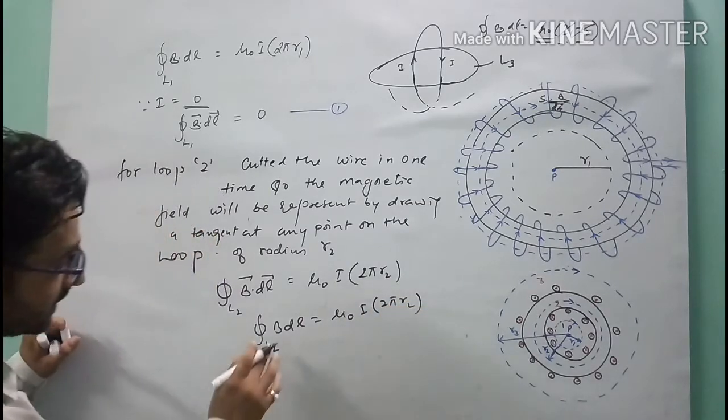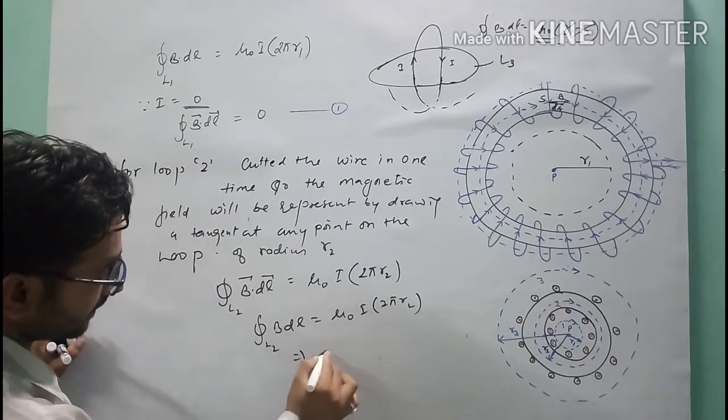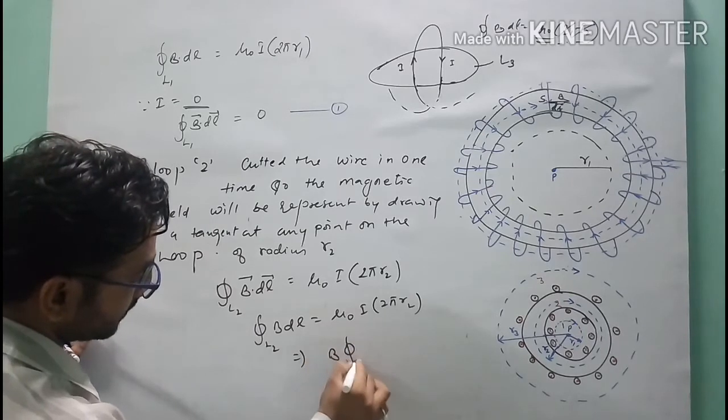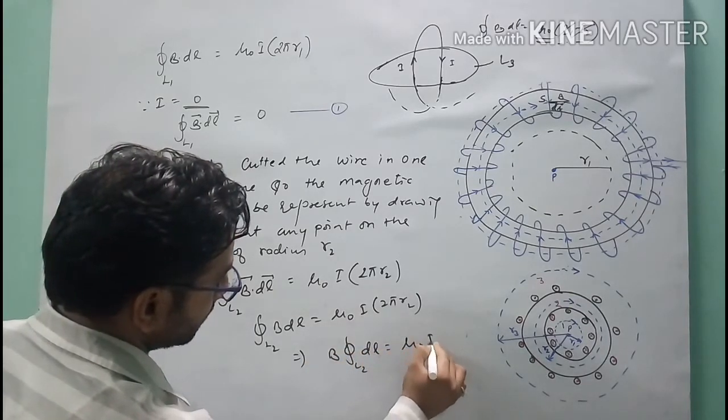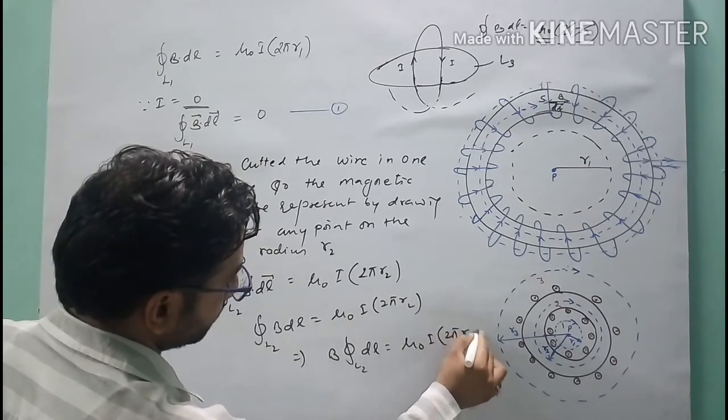Now dear student, when we solve this, I can write B outside, and the integral over L2 of dl is equal to mu naught I times 2 pi R2.